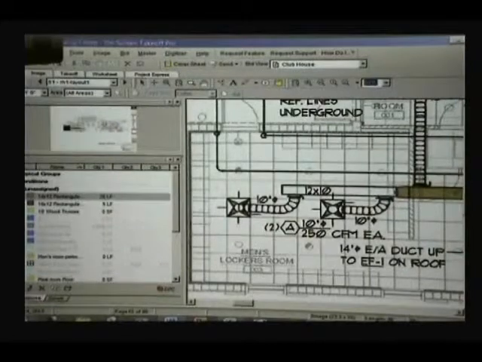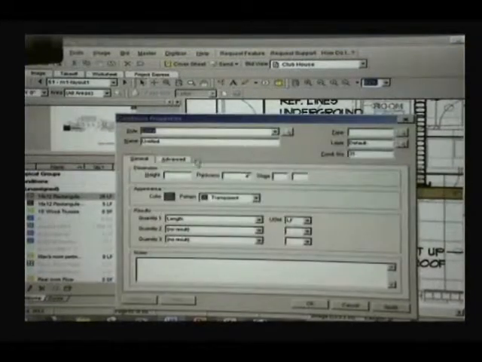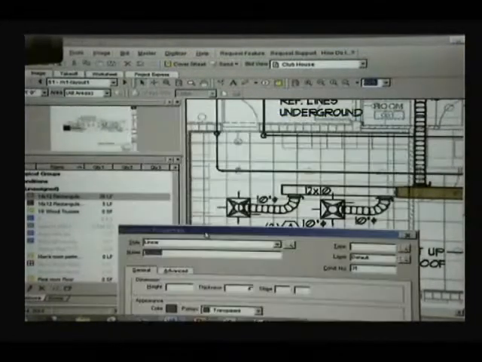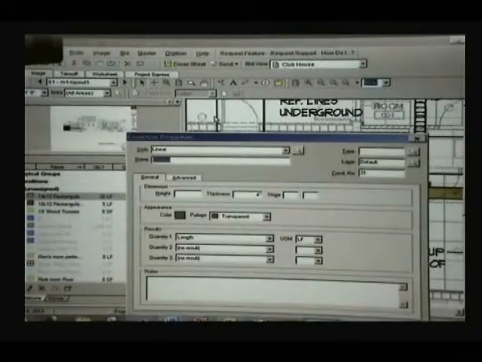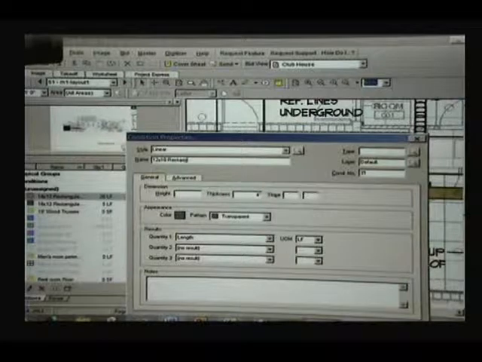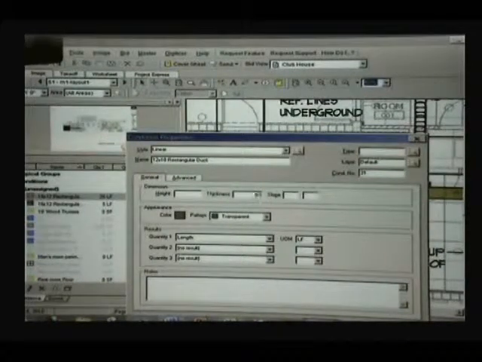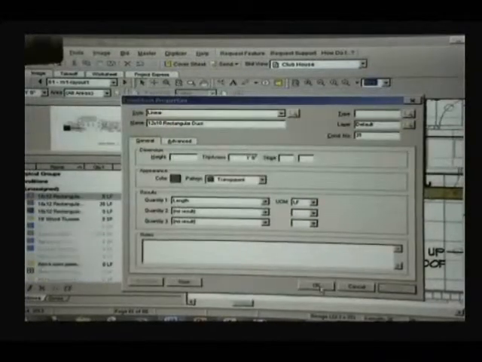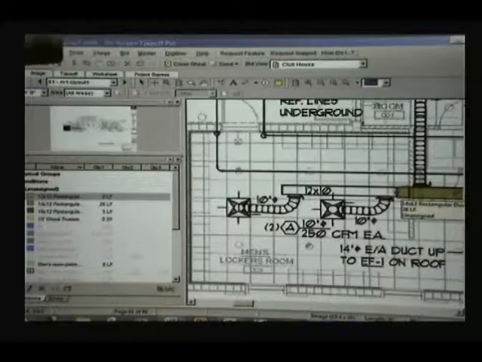And then we'll have another linear condition. This one will be 12 by 10, rectangular duct. This will be 12 inches wide. And then we go here.